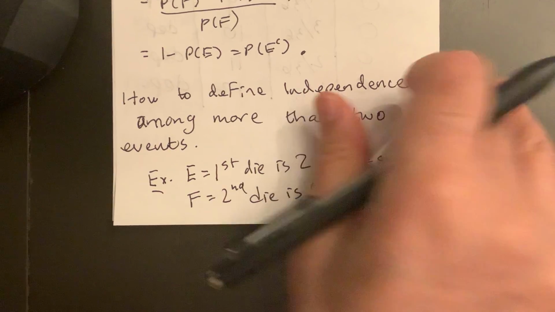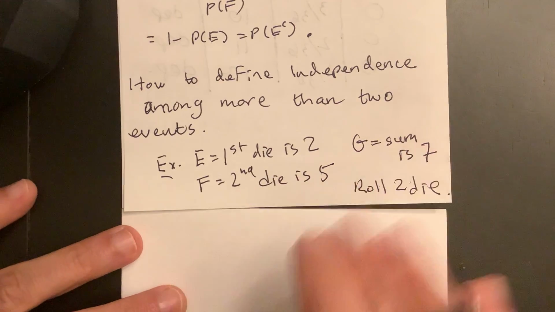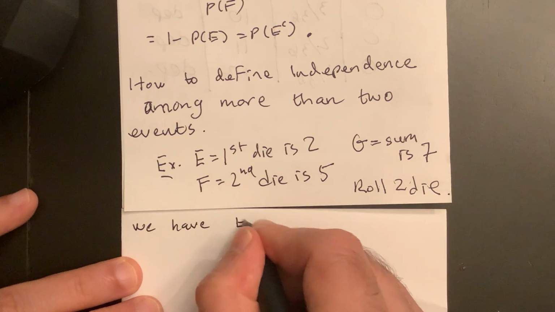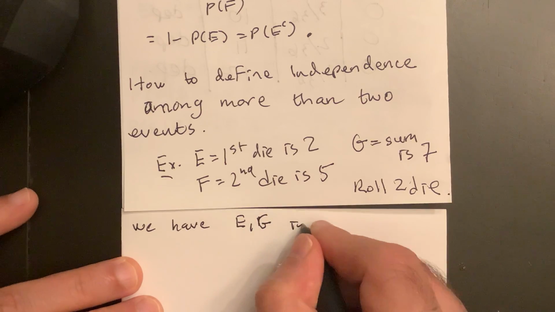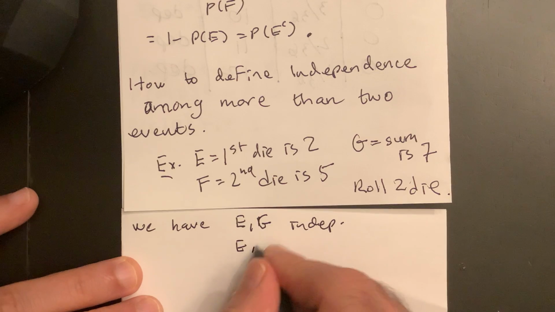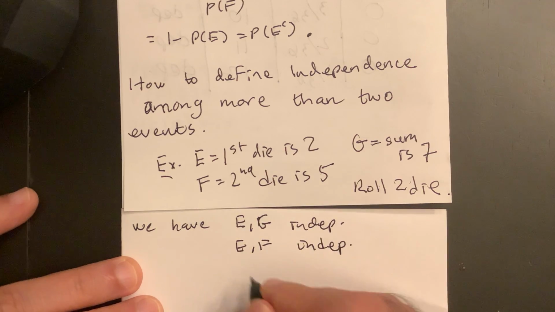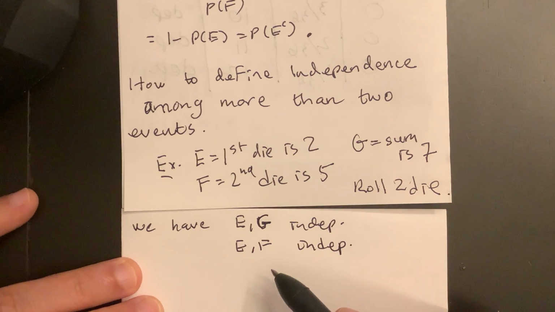So in this case, we have E and G independent. E and F are also independent. This one we didn't just do, but you could probably check this.